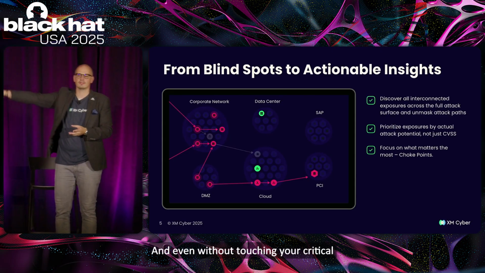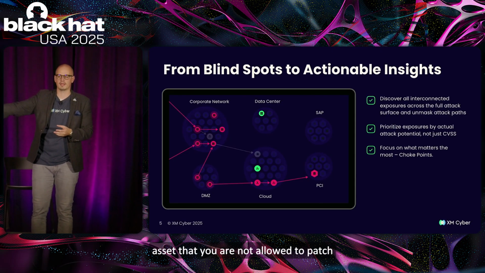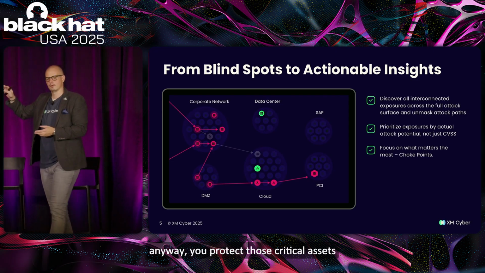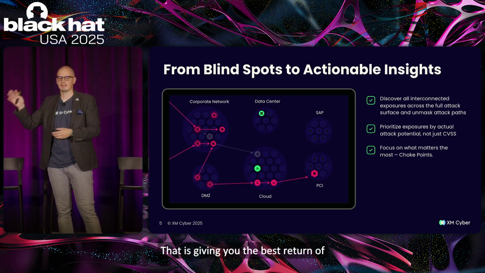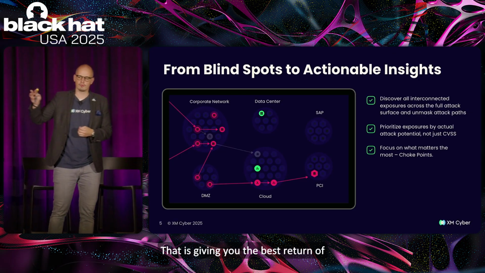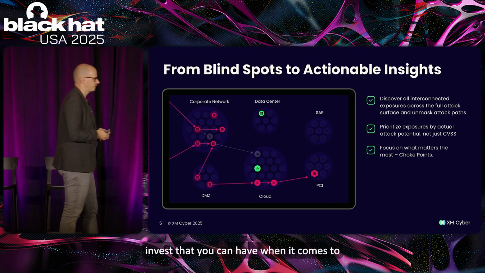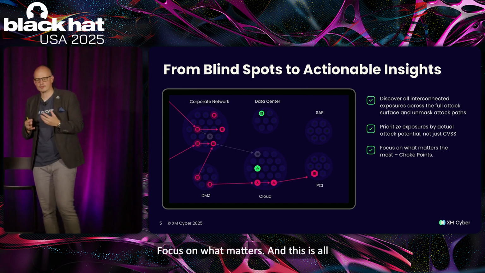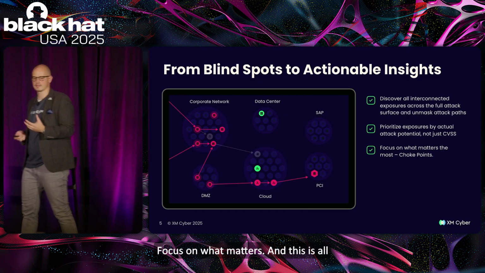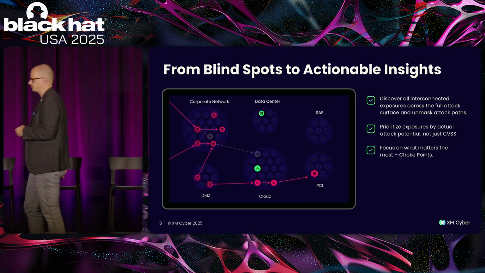And even without touching your critical asset that you are not allowed to patch anyway, you protect those critical assets just by fixing the choke point. That is giving you the best return on investment that you can have when it comes to remediation efficiency. Focus on what matters, and this is all around the choke points.